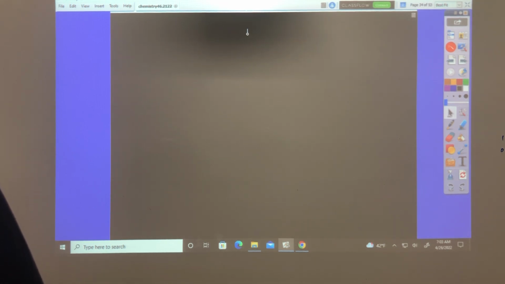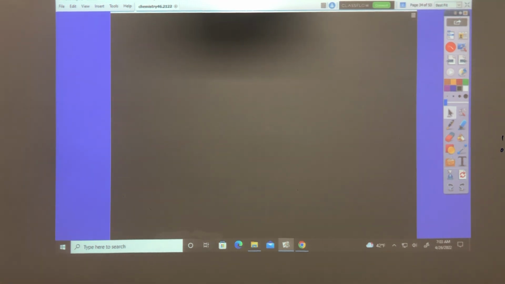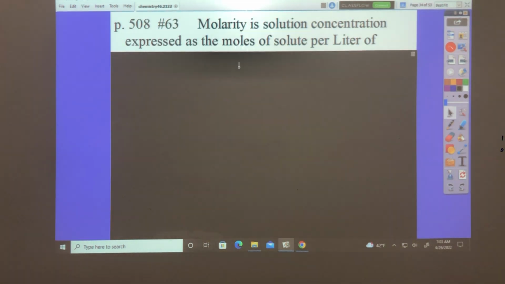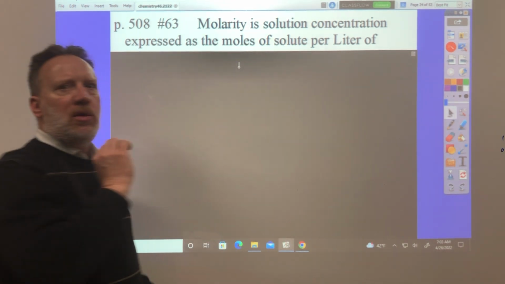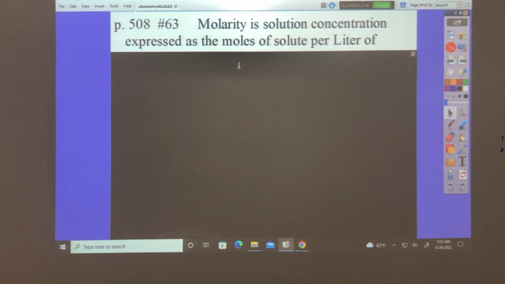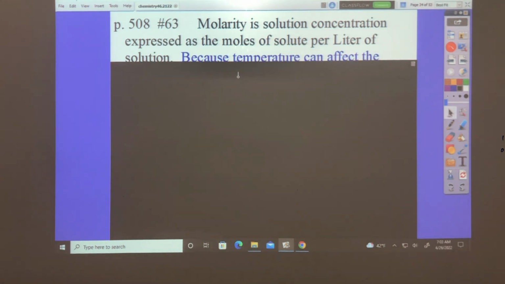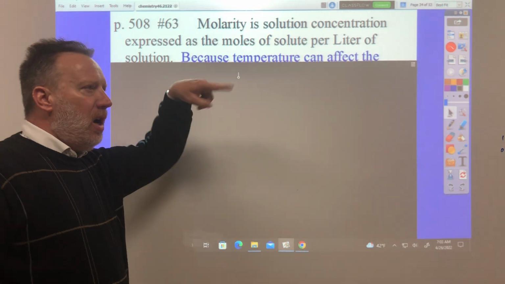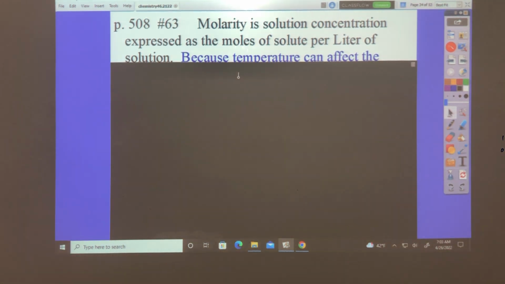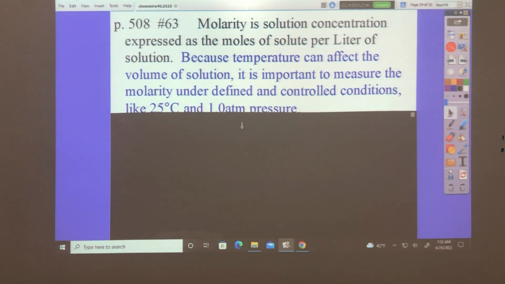Page 508 says, what is the difference between molarity and molality? Molarity is moles of solute per liter of solution. Now remember, your solution is solute and solvent. With molarity, temperature can affect the volume.